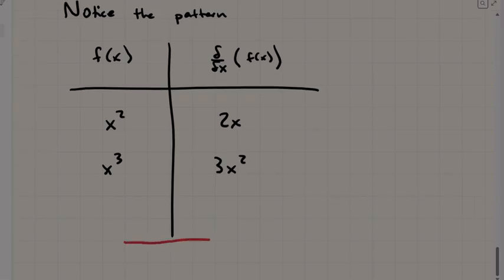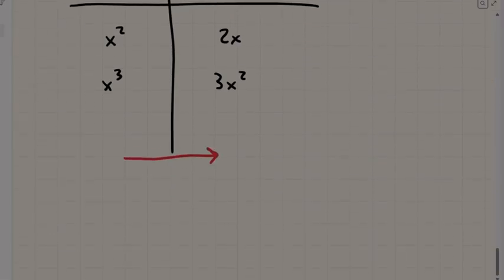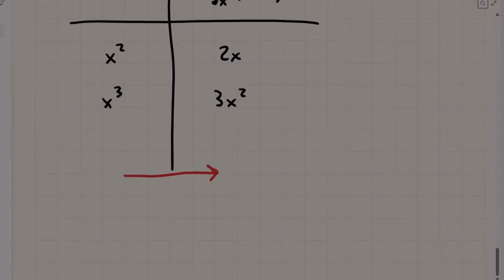So as we go from the function to its derivative, we multiply the exponent by the coefficient, and then we reduce the exponent by 1.